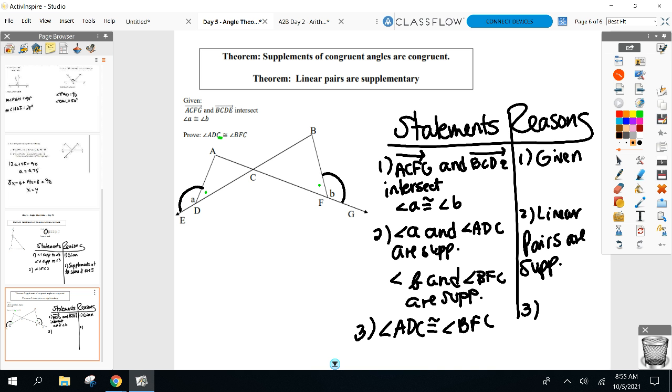Kind of like yesterday, you got to tell me they're right angles before telling me they're congruent. And what reason are we using here? Are they supplementary to the same angle or to congruent angles? Congruent. So supplements of congruent angles are congruent. There's still no I in this word. Have some self-respect.